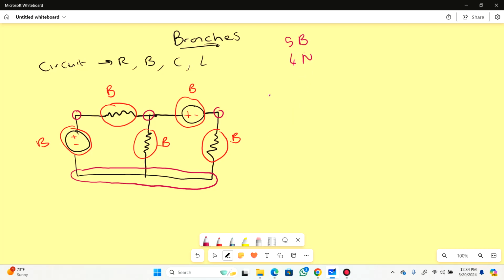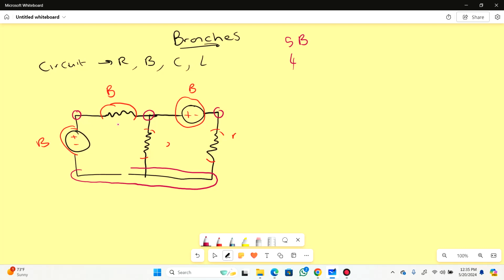And then what's a loop? A loop is basically a closed path that begins and ends at the same node. In this case, I can remove this point here. You can see that it's a closed path that begins and ends at the same node.